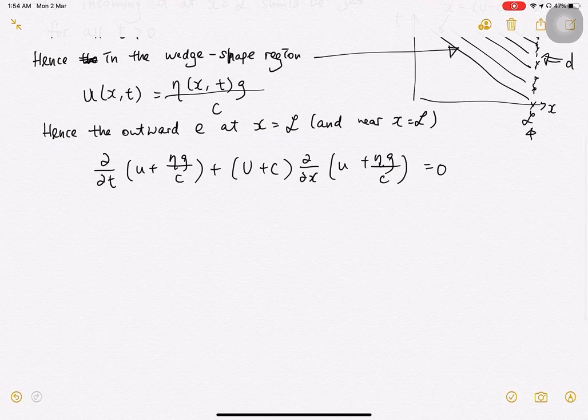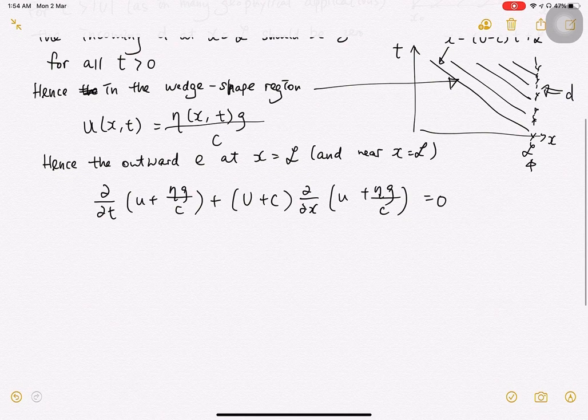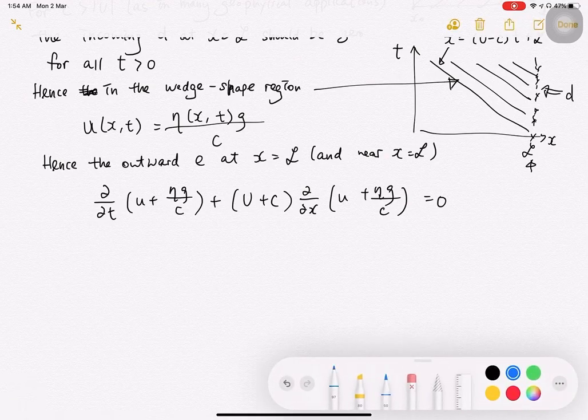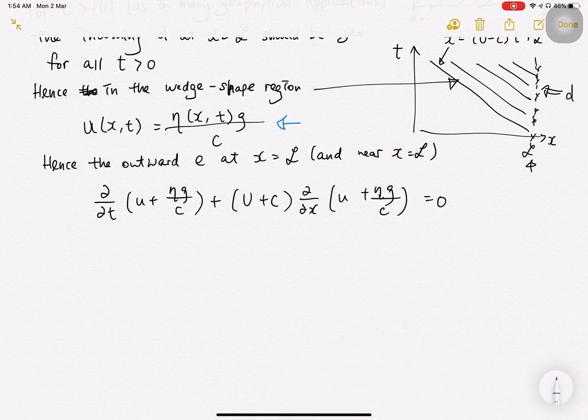Okay, so we can substitute what we have just found in here, right? Substitute this into this equation.